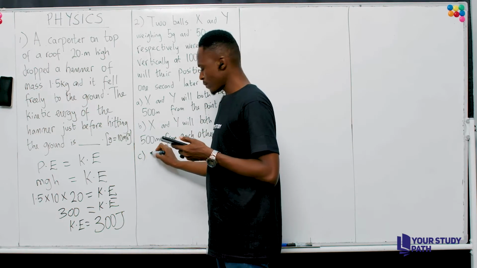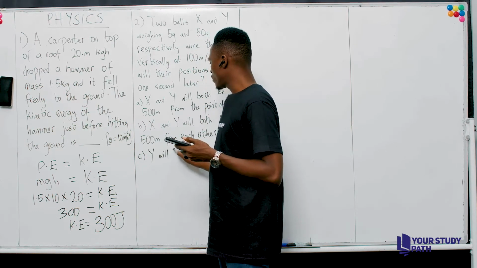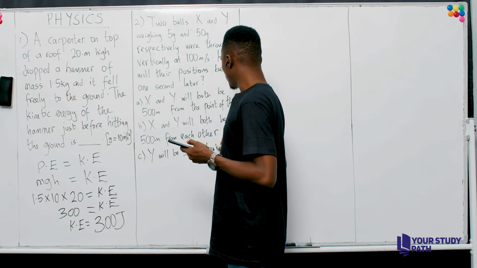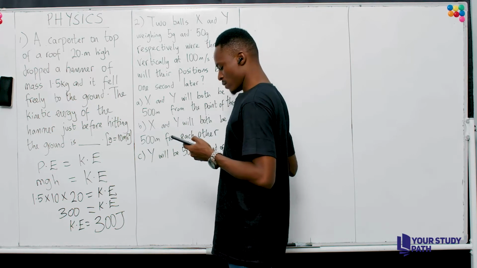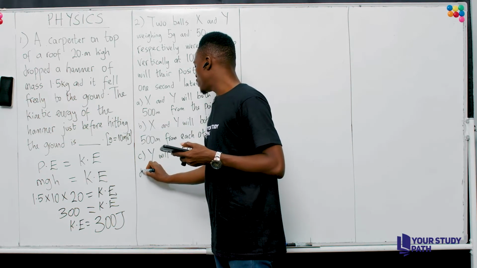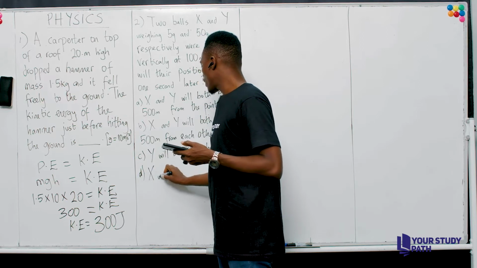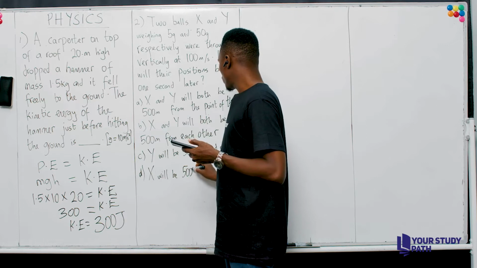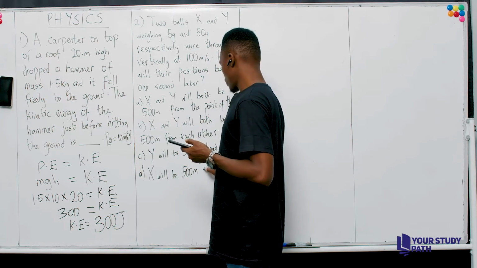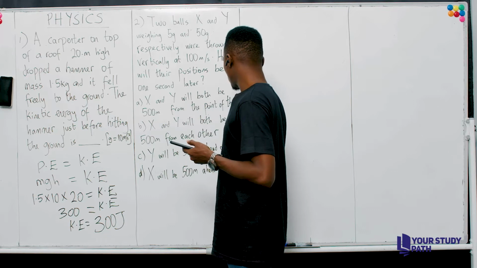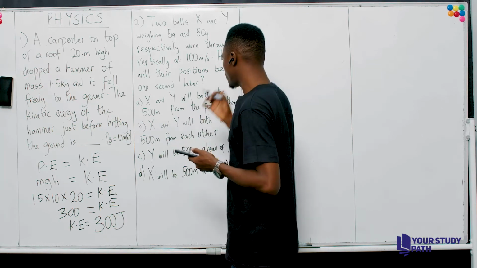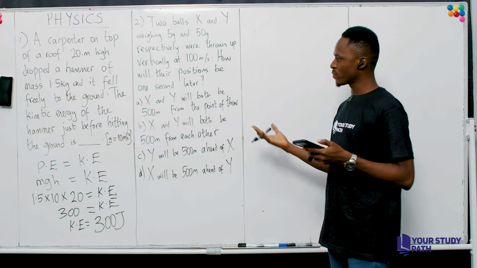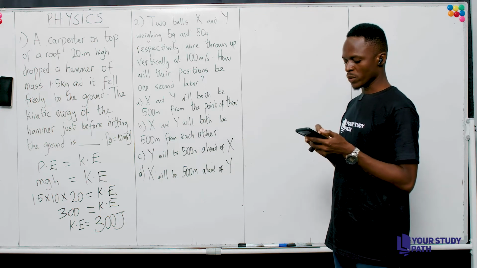C, Y will be 500 meters ahead of X, and D, X will be 500 meters ahead of Y. So I'll leave you to look at that in the space of 20 seconds thereabouts to come up with an answer.